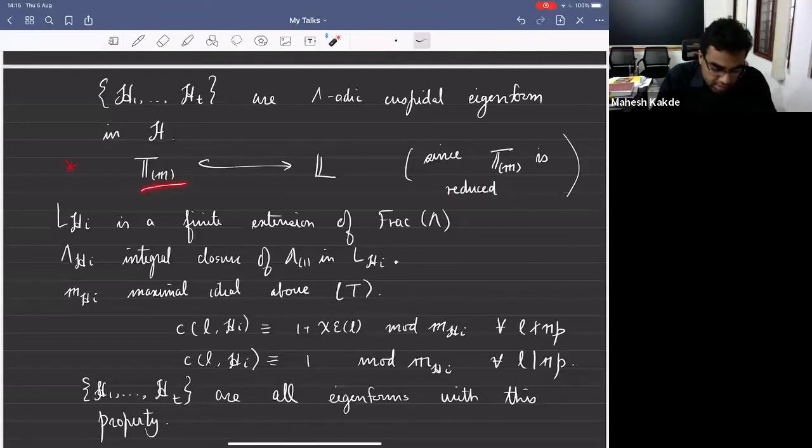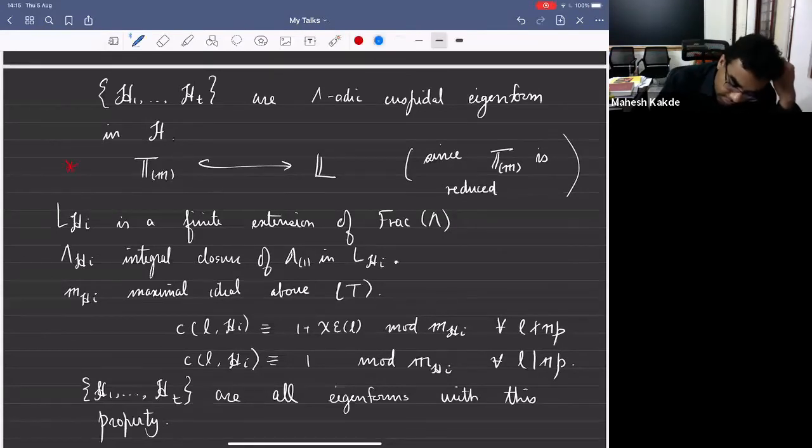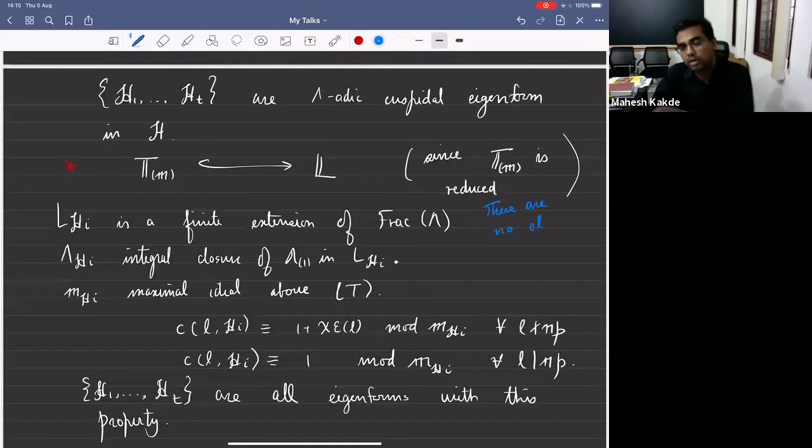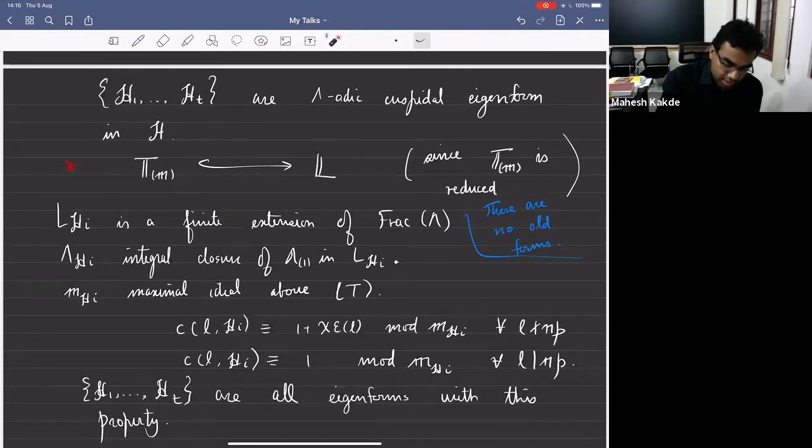And this Hecke algebra has no nilpotents, and the reason is there are no old forms. All the forms here have tame level N. There are no old forms, and that's why this is reduced. So this is a minor but important point that T_M injects into this.